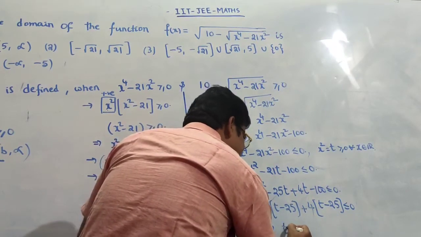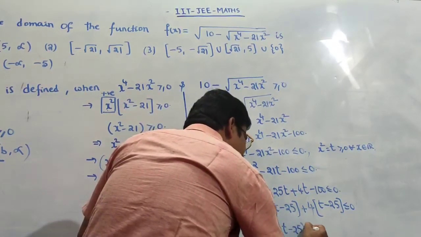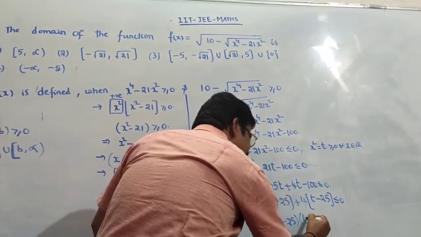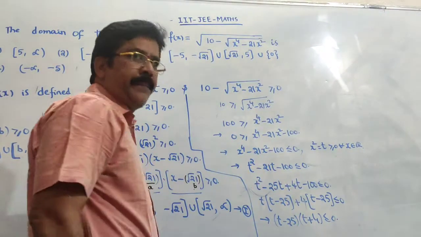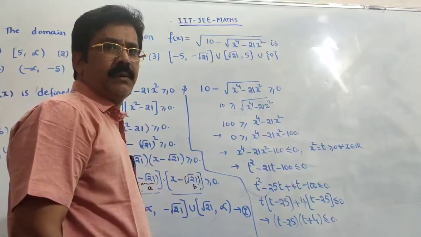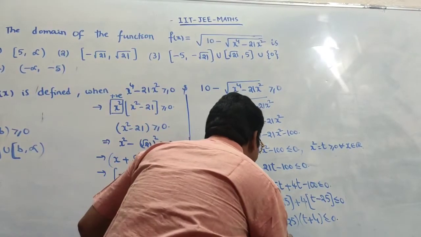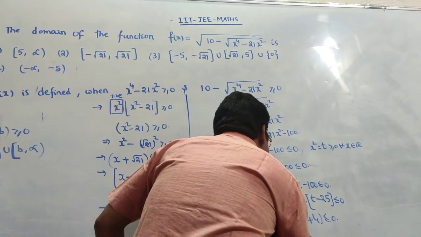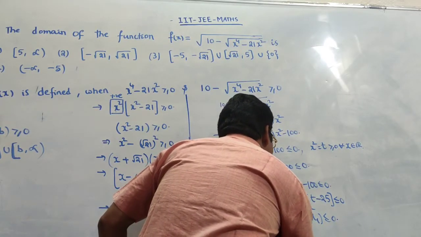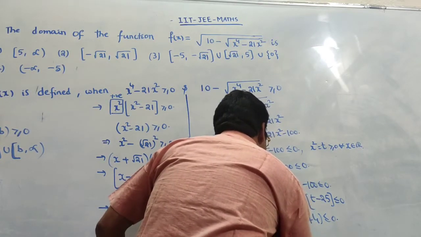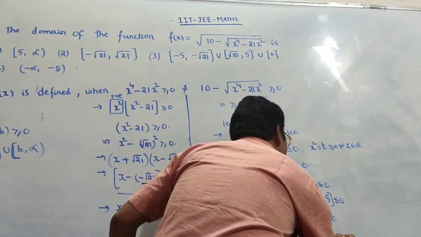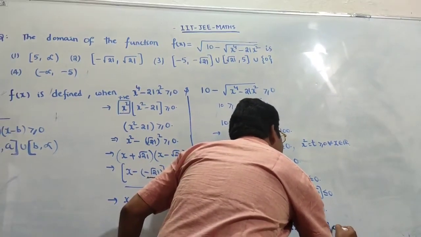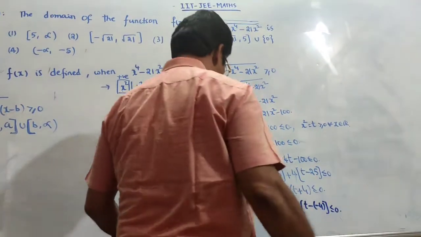So that implies t minus 25 into t plus 4 less than or equal to 0. That implies t minus 25 into t plus 4 is less than or equal to 0.